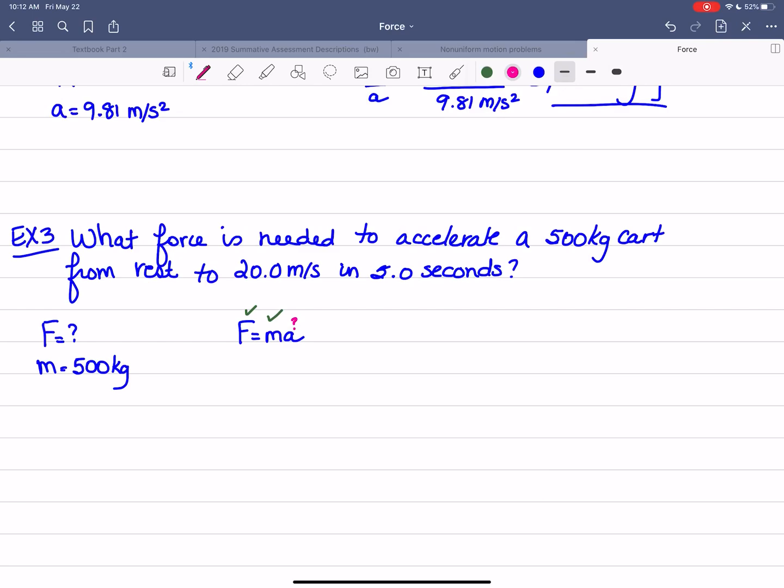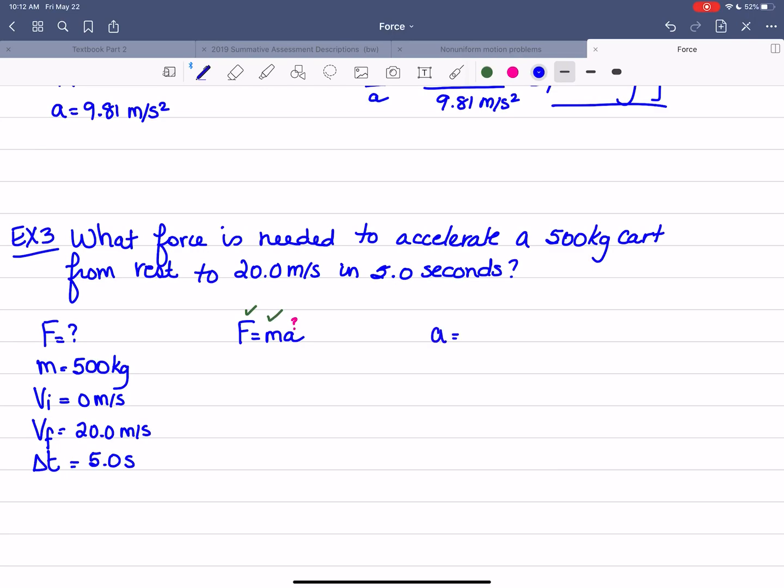Okay, so then what else do I have? I said the cart is accelerated from rest, so my initial speed is 0 meters per second, and my final is 20.0 meters per second, and I have a time of 5.0 seconds. So I'm looking for acceleration.